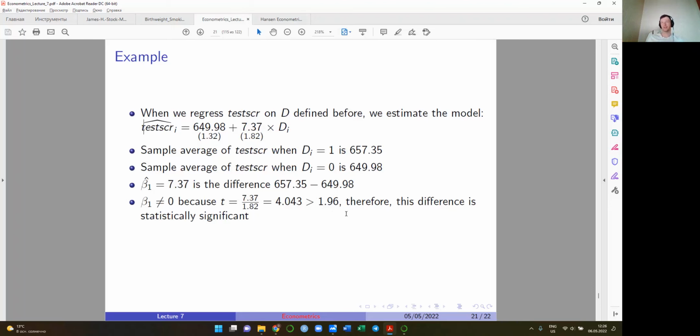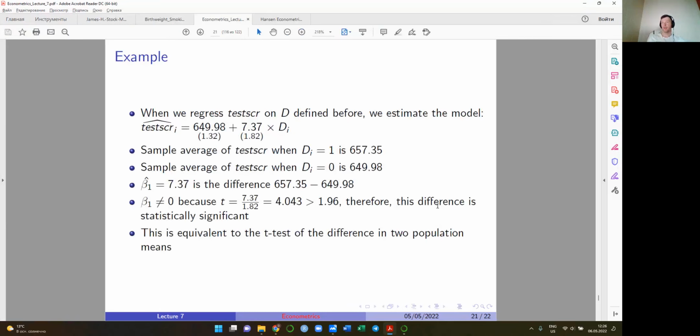If the number of degrees of freedom is very small, if your sample is like 10 or maybe 5, then yes, the critical value is going to be much larger. But in this case, we have 420 observations, so the critical value is going to be like 1.96, and then some small numbers afterwards. So we see that this is much larger than the critical value. So this difference is statistically significant, and the districts with smaller classes tend to have larger grades on average. And this is fully equivalent to the t-test.